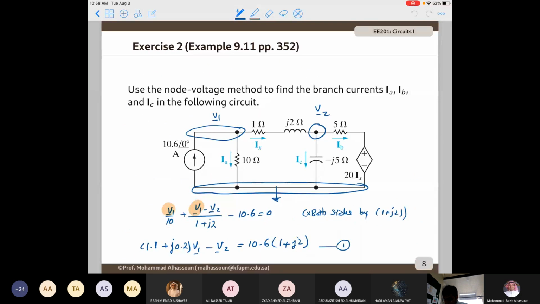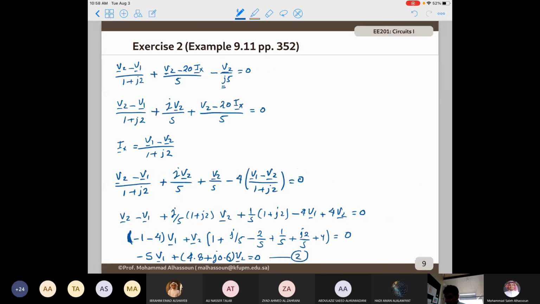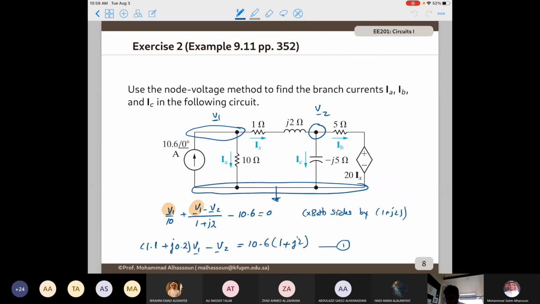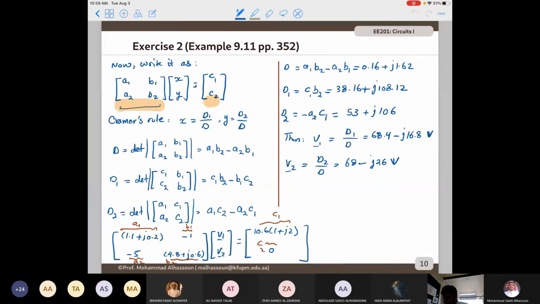Remember, I was asked to find IA, IX, IC, IB. So I know that IA is going to be V1 divided by 10. IC is V2 divided by negative j5. IX is going to be V1 minus V2 divided by 1 plus j2. And IB is going to be V2 minus 20 IX divided by 5. I'm not going to find their values.